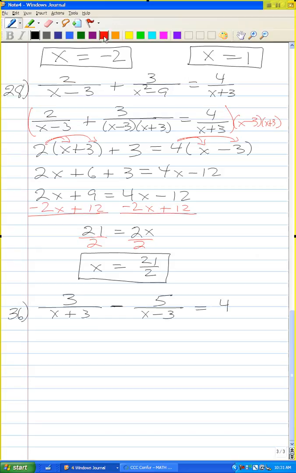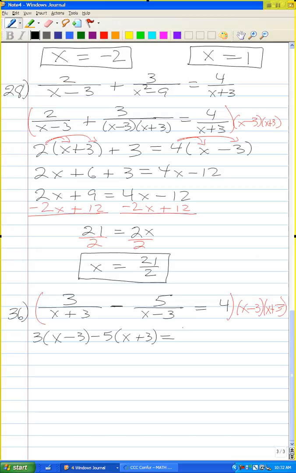So in this case, the least common denominator is x minus 3 times x plus 3. And so the x plus 3's cancel in the first term, so you just get 3 times x minus 3. The x minus 3's cancel in the second term, so you get negative 5 times x plus 3.